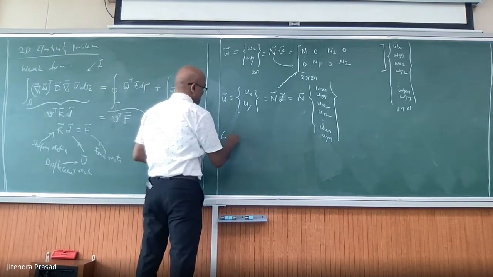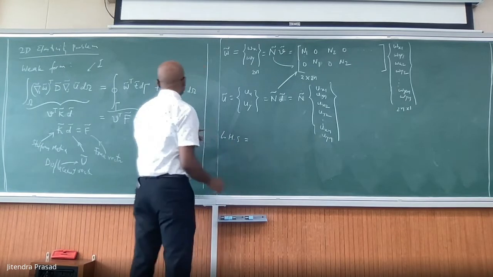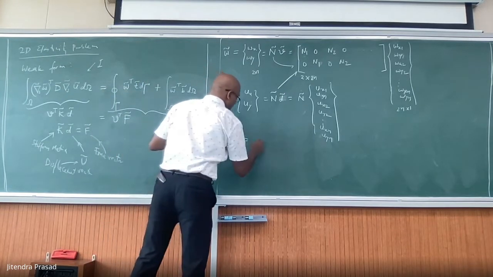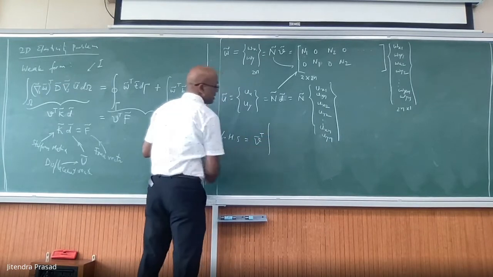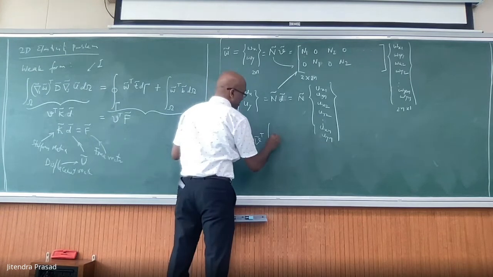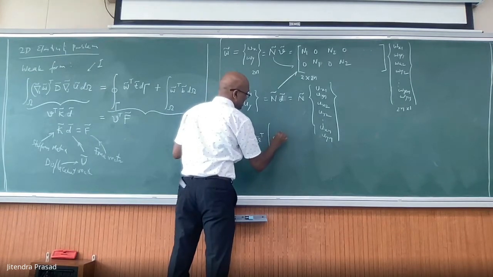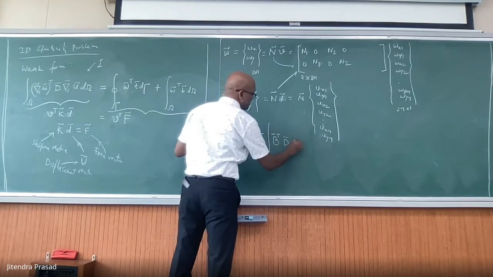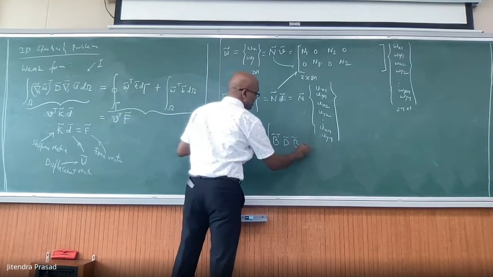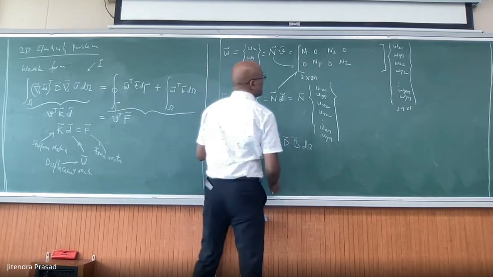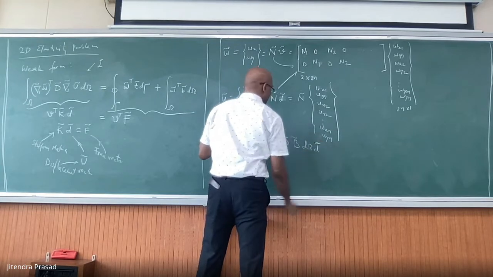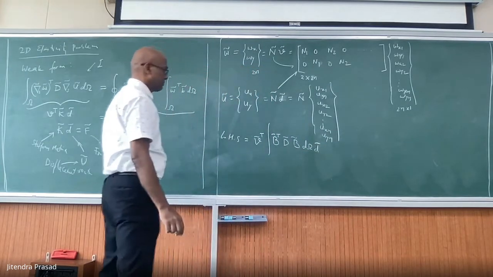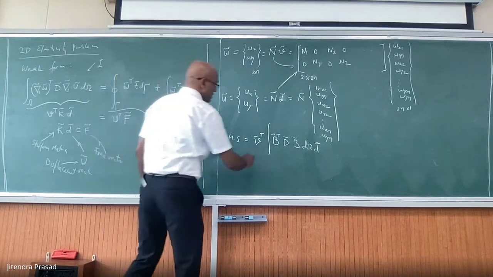Finally, let's say this is part 1, the left hand side that we got last time, where we had V transpose, then B transpose D B, then d omega, and then d.